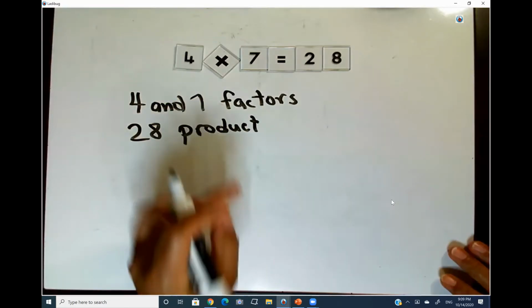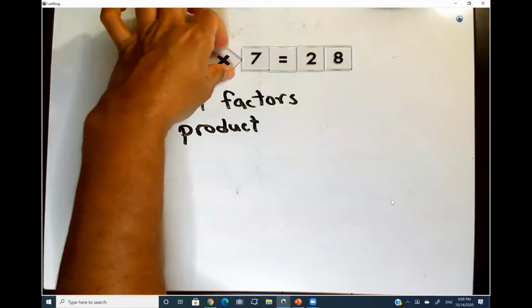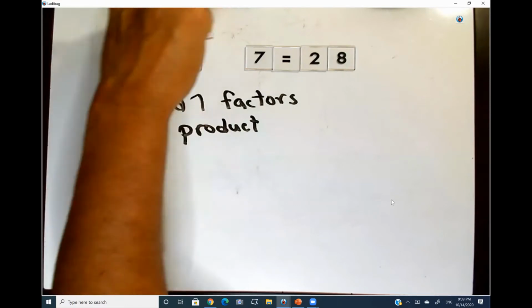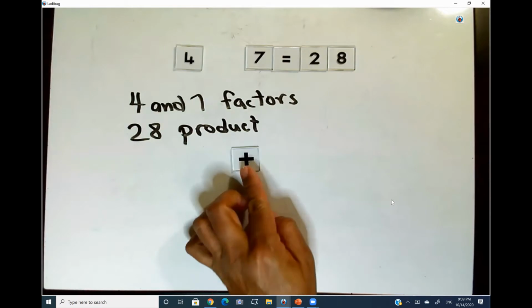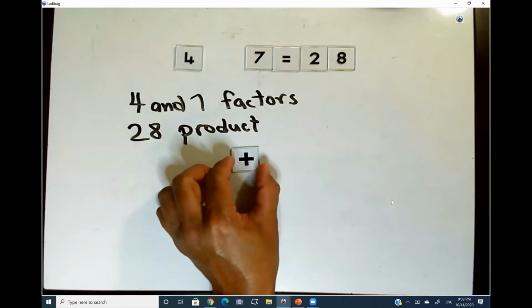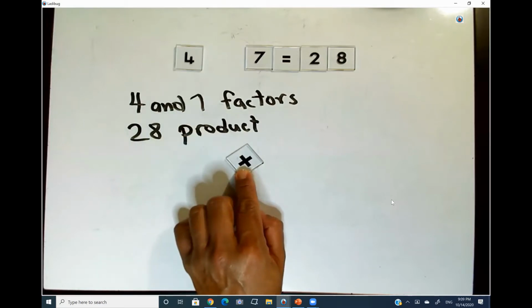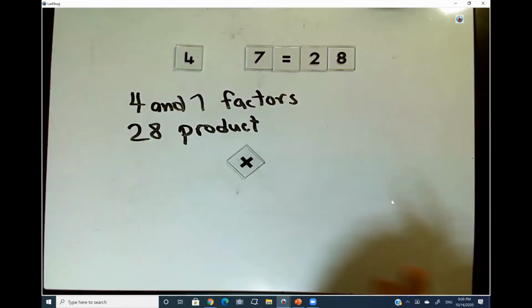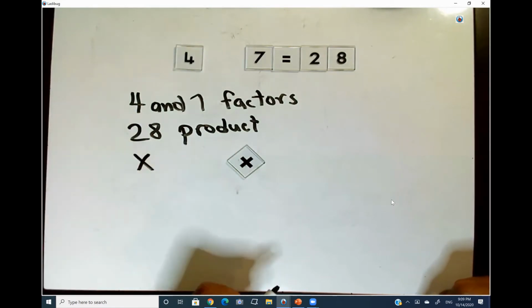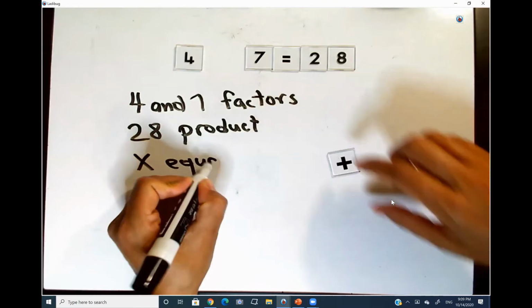Now we have the symbol. I want you to notice that the multiplication symbol is basically the same as the addition symbol. If I just rotate it a little bit, it's addition. And I have to rotate it a little bit so it becomes an X, and this X is going to be the multiplication symbol. So this symbol represents equal groups.